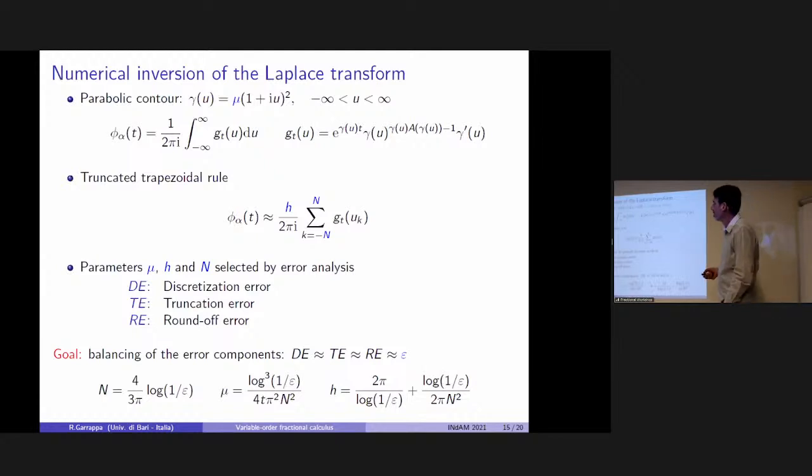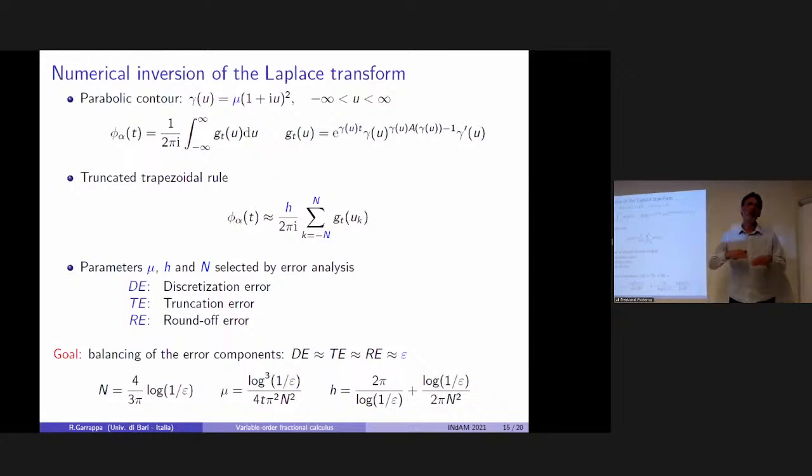And the main parameters of the trapezoidal rule, the step size h and the number of nodes n, together with the shape of the contour, are obtained by means of a balancing of the three different components of the error: discretization error, truncation error, and round-off error.